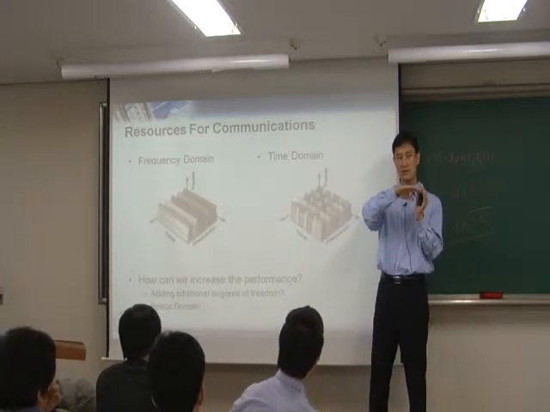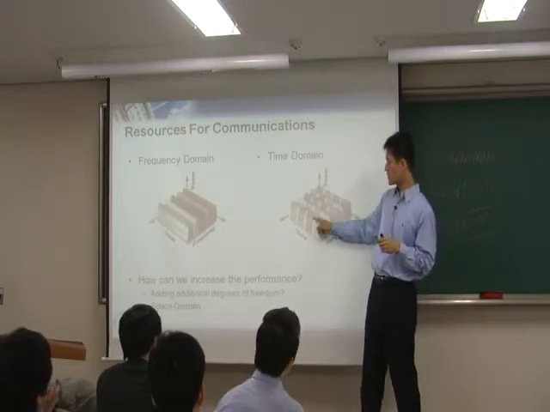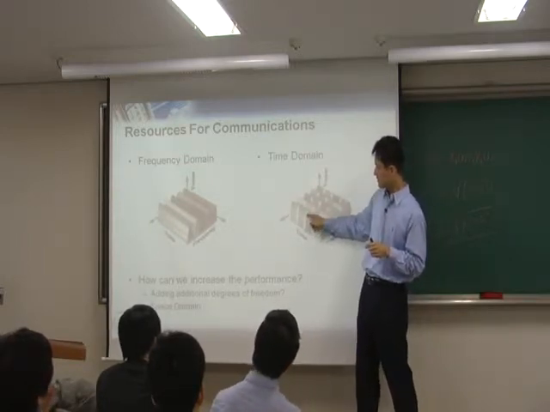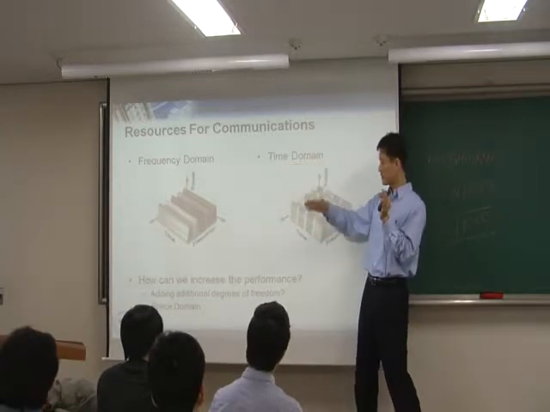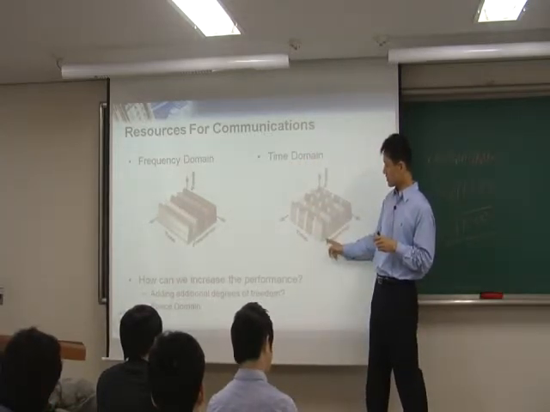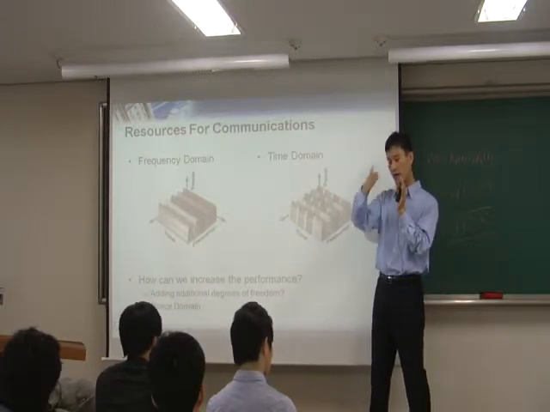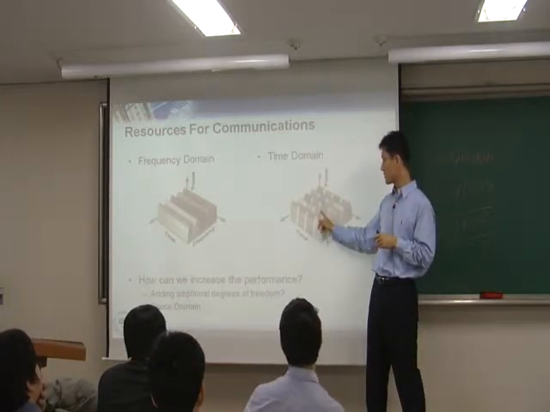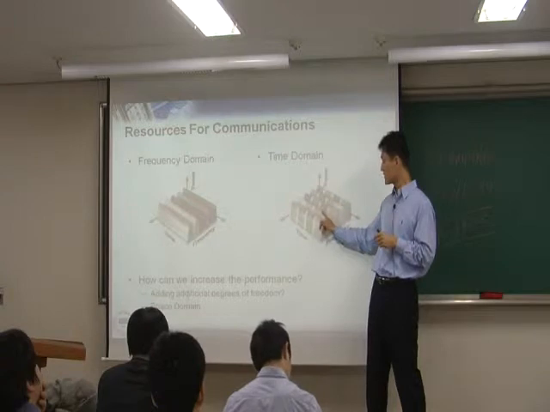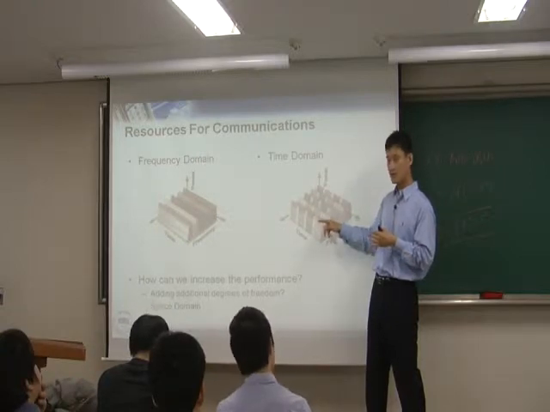Your signal undergoes time fading, so sometimes your channel is very bad and other times your channel is good. It's fading like this, right? So if you know that for a certain frequency, at this time, the channel goes into deep fading, then maybe you can jump onto another frequency, because that other frequency may give you a good channel at that same instant. So you can take advantage of those things.